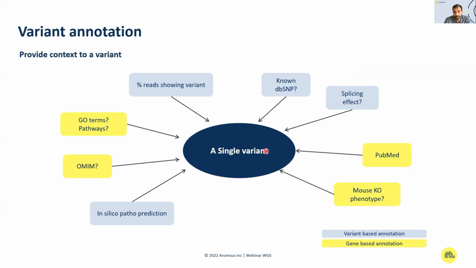And then we get information as to whether this gene has been described earlier in publicly available databases, like whether it is already published in association with a disease, and also information from mouse experiments and other databases that make some kind of prediction of whether a specific variant can or cannot be harmful.